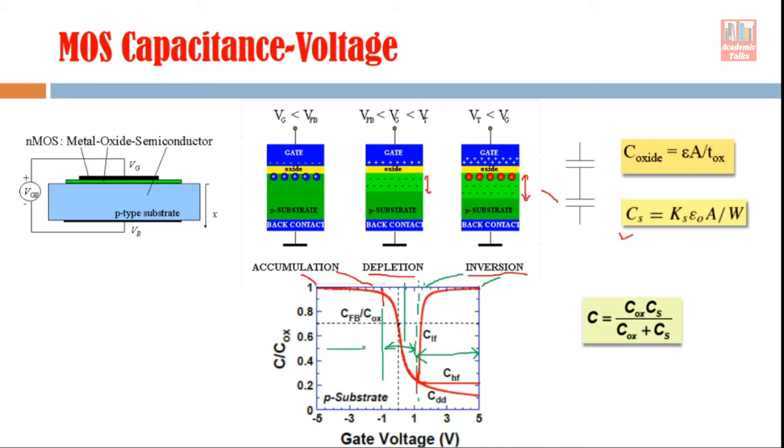So this is accumulation, this is depletion, and this third portion, this is inversion region.